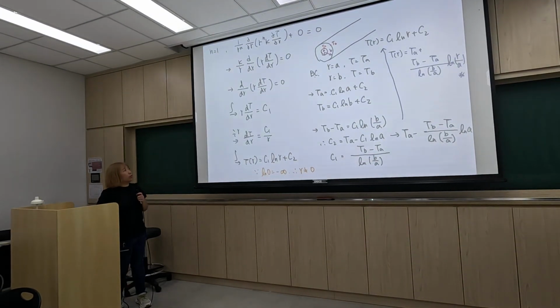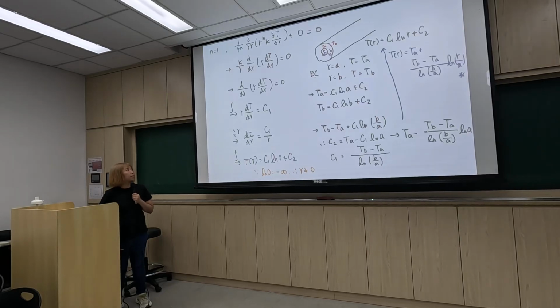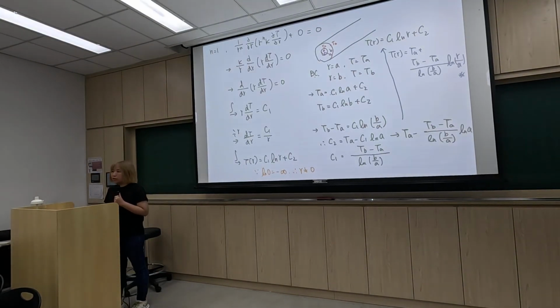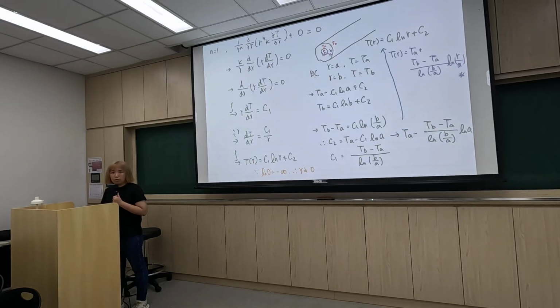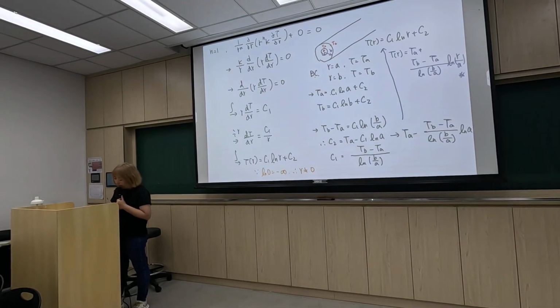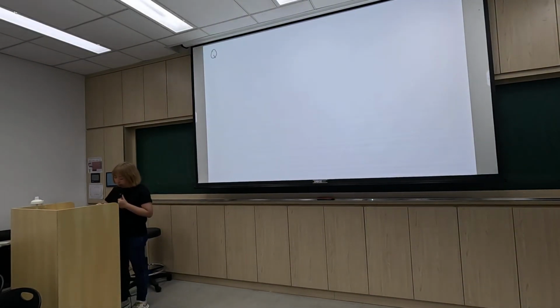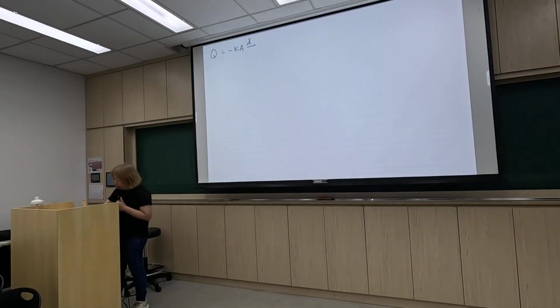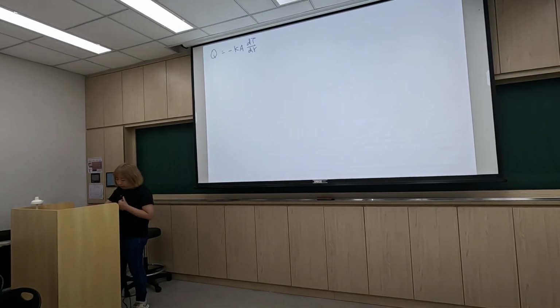Then how about the Q, the heat flux? So if you guys have finished this page, I'm going to move to the heat flux. Okay. So how about the Q? Then the Q will become, let's write it down again, minus K A dT/dr.